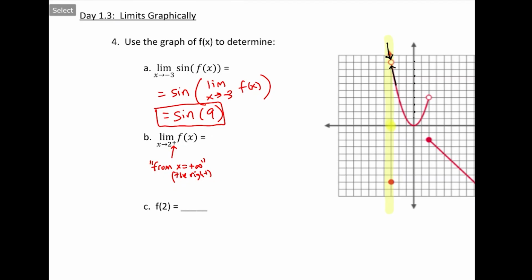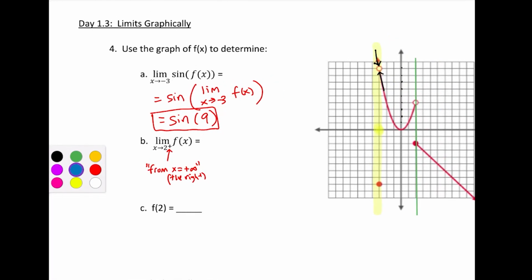So basically what I'm saying is if you read this graph from right to left, and let your eyes follow the value of the function here, as we get closer to x equals 2, which I'll stop here, the value that the function is approaching from the left, and that's the important part here. I'm sorry, from the right, and that's the important part here. From the right-hand side of the graph, our function is approaching this value right here, which is negative 2. So this one's going to be equal to negative 2.